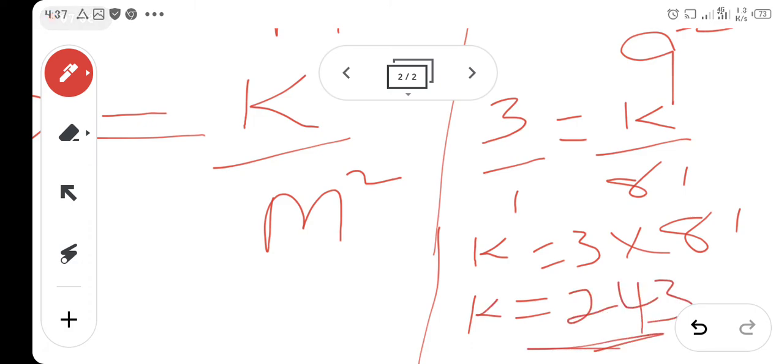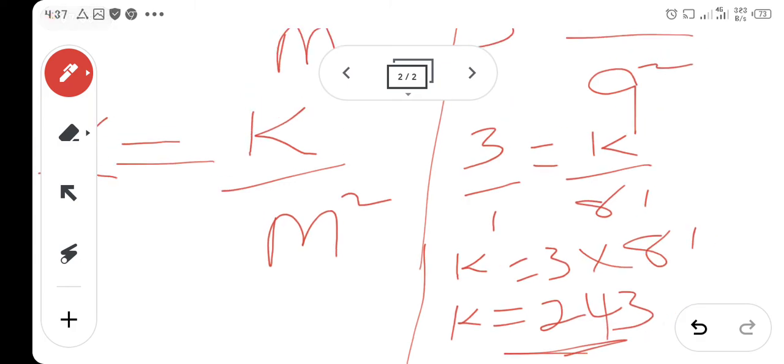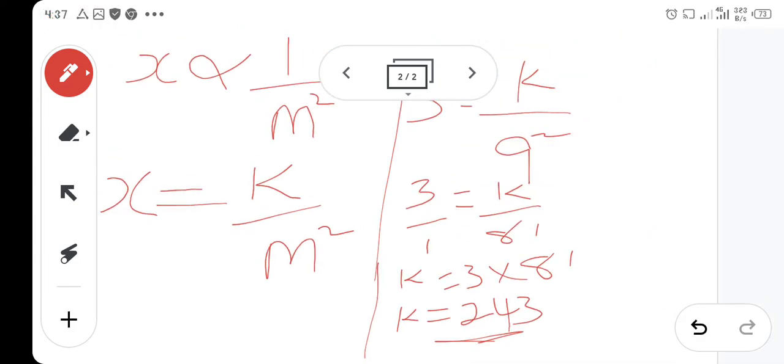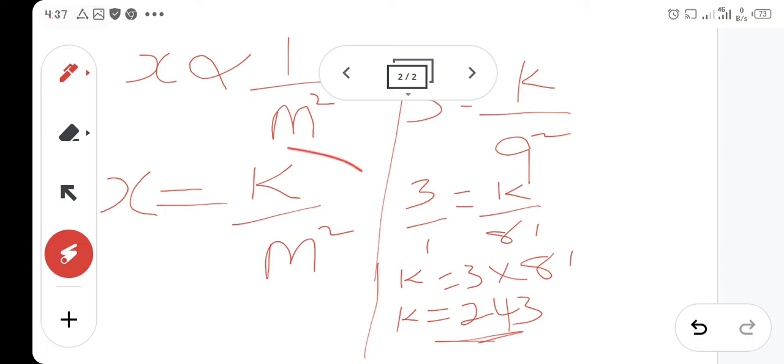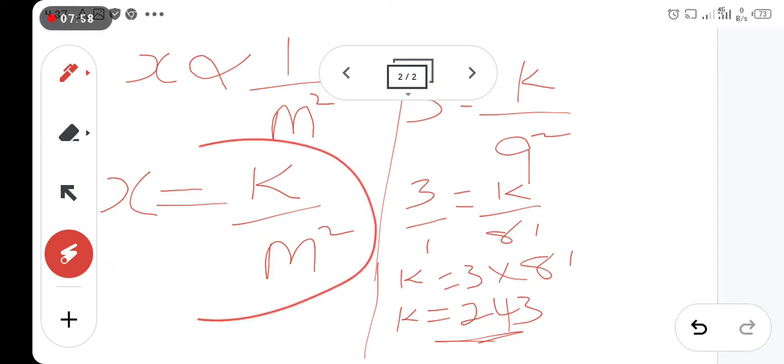Now, what this tells us is that we go back to the equation to write the relationship between x and m squared. In place of k, I will write 243. So let's do that on another screen. Remember the equation x equals k over m squared.